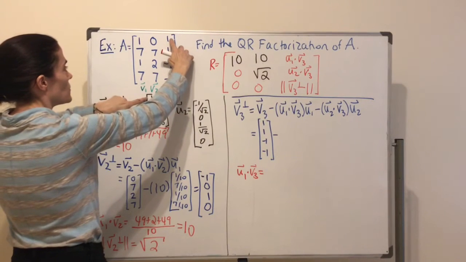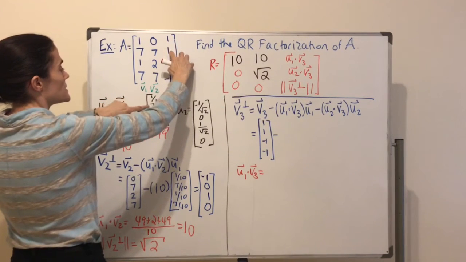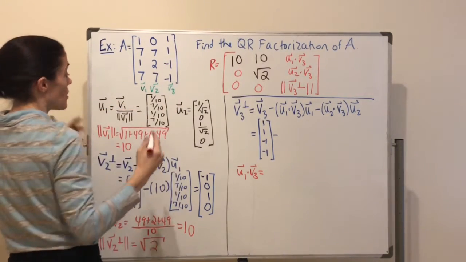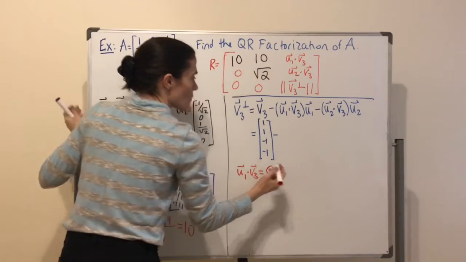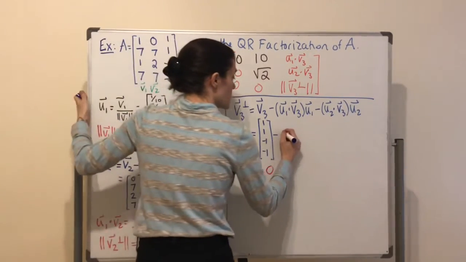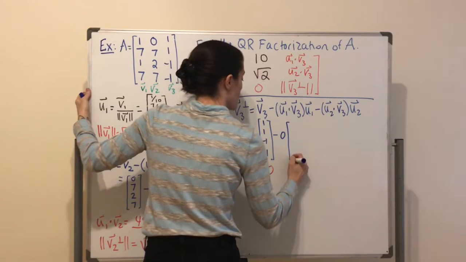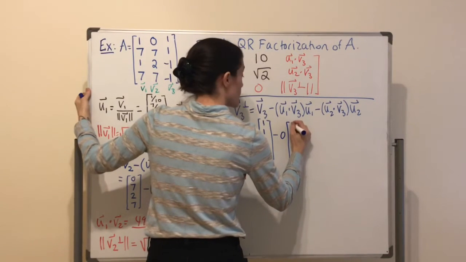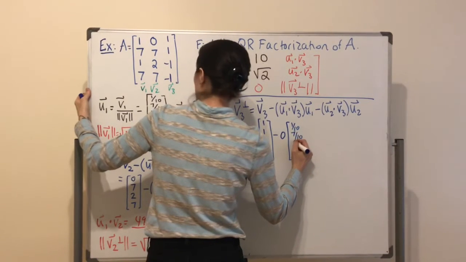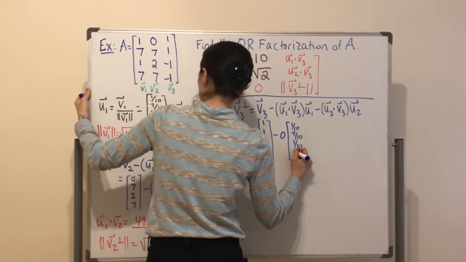We have 1 and 7, 8 over 10, minus 1, minus 8 over 10. Oh, this is 0. So we're going to have minus 0 times U1, which I don't really need to write. 0 times any vector is 0, but I will include it for the sake of being complete.